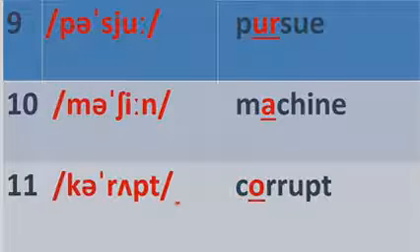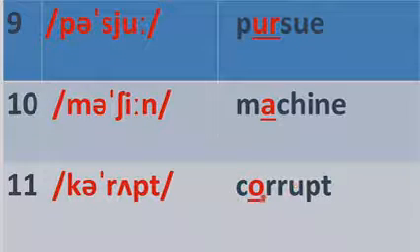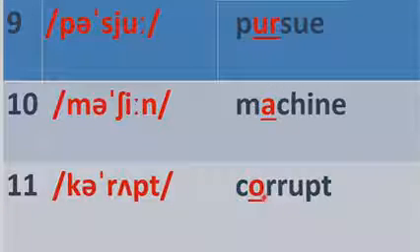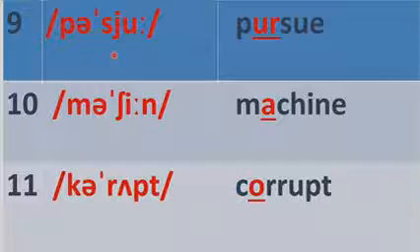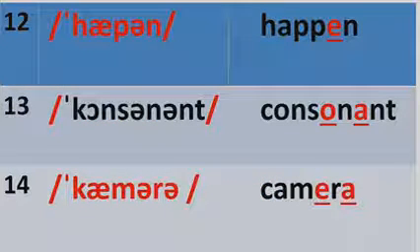In number 11, we have letter L. Instead of saying corrupt, you say someone is corrupt. Can we call the words pursue, machine, corrupt? Great.